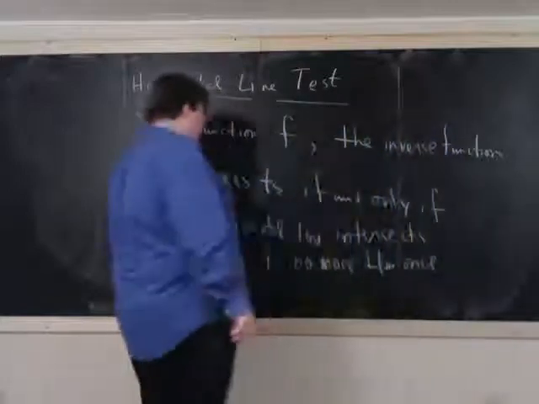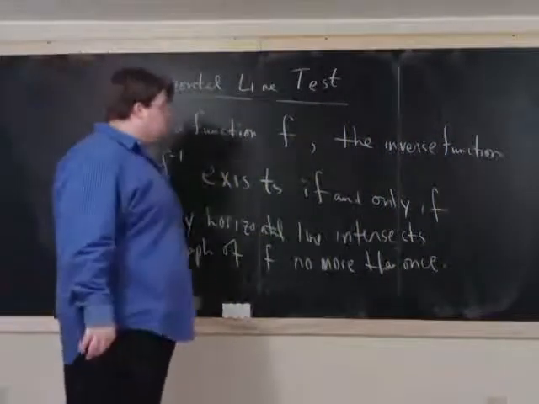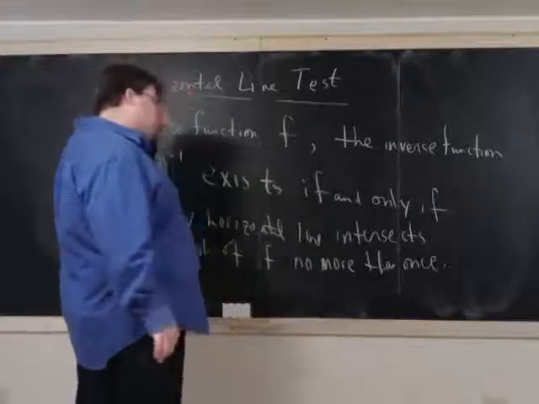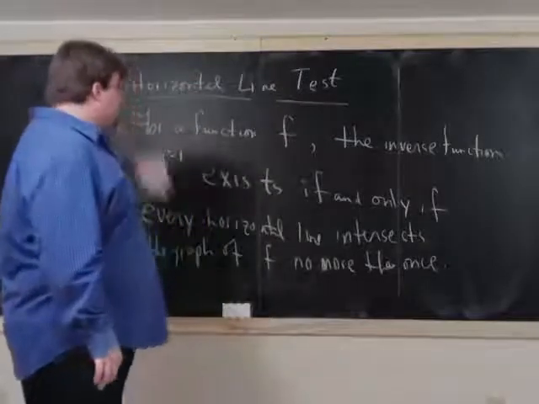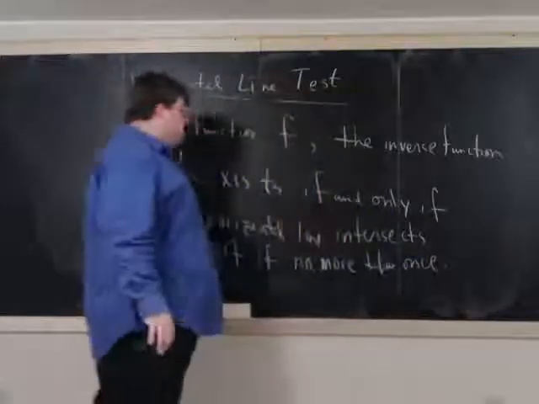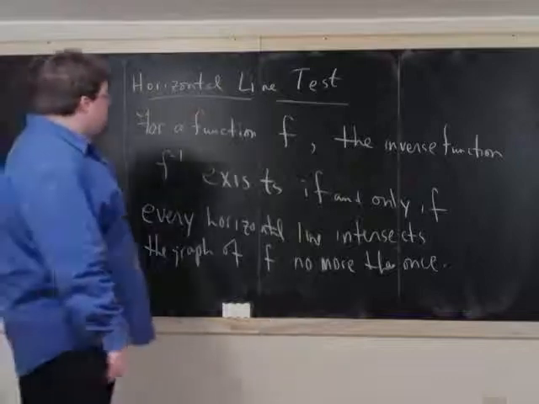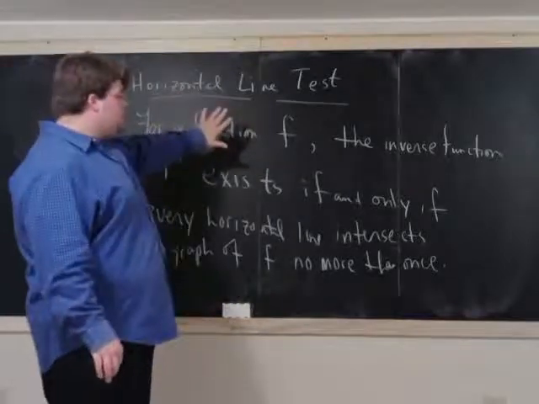Now, one thing I noticed I did not explain last week with the vertical line test, so I'll explain it this week. This phrase in math, if and only if, means something. Right here we have something before if and only if, and something after.